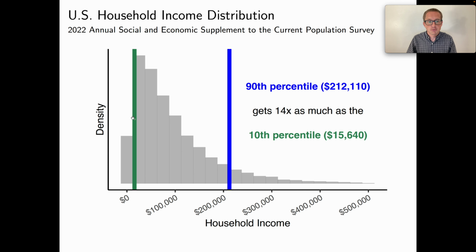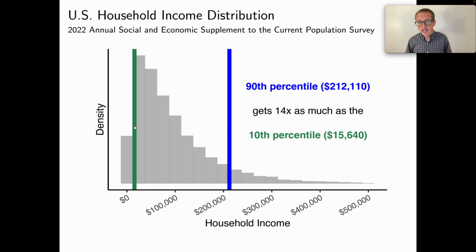In green, we have the 10th percentile. This is the value such that 10% of households have an income lower than this value. We might think of the blue as typical earnings for high-income households and the green as typical earnings for low-income households. With that language, we might say that high-income households get 14 times as much as low-income households.